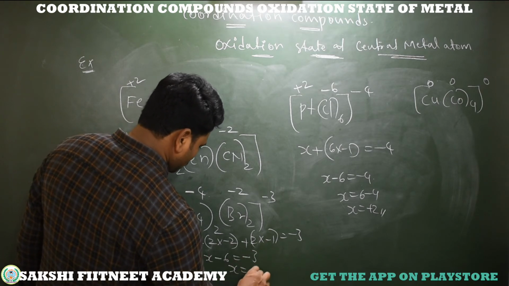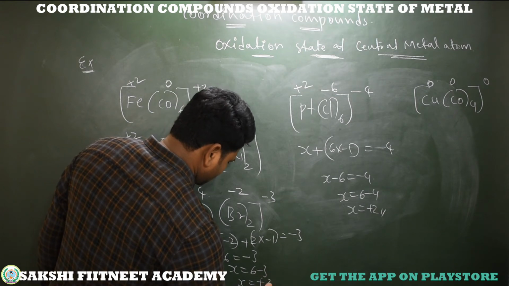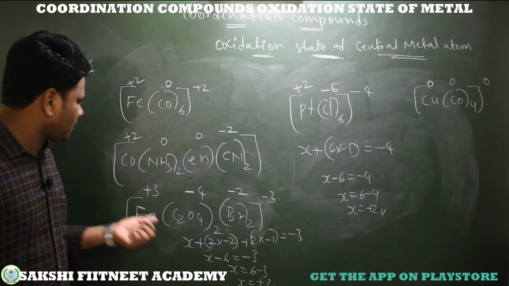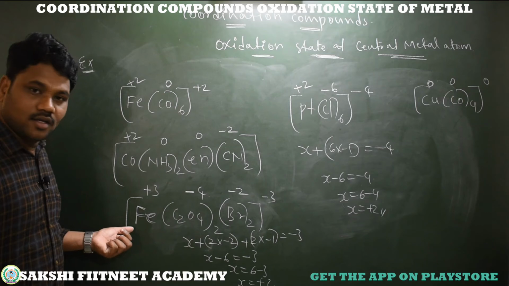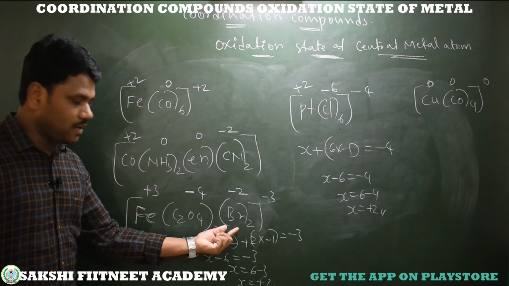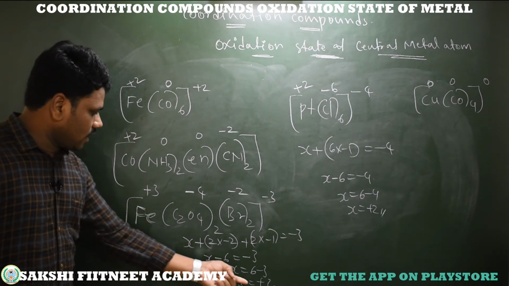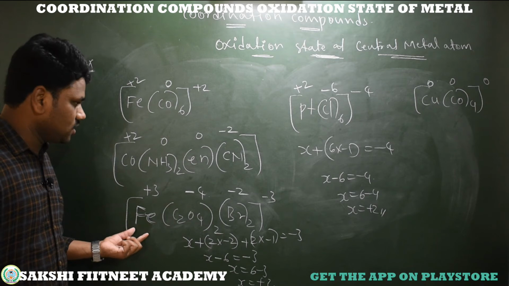X equals 6 minus 3. Then X equals +3. So what is the oxidation state of ferrous? The coordination sphere is -3, with 2 bromide ligands and oxalate ligands. So we are getting +3 oxidation state for this central metal atom.